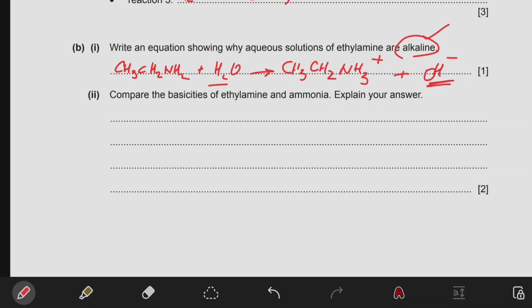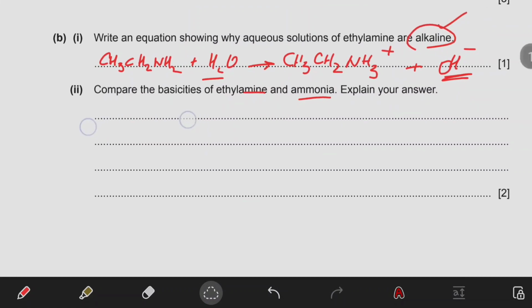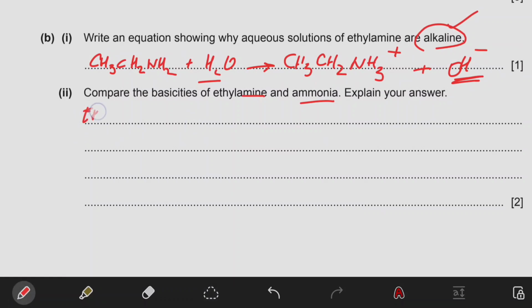Compare the basicities of ethylamine and ammonia. Explain your answer. Simply, ethylamine is more basic than ammonia. And why is that? Because of the electron donating alkyl group in ethylamine; ammonia doesn't have them. And what will they do? They will make the lone pair on nitrogen more available for accepting a proton.